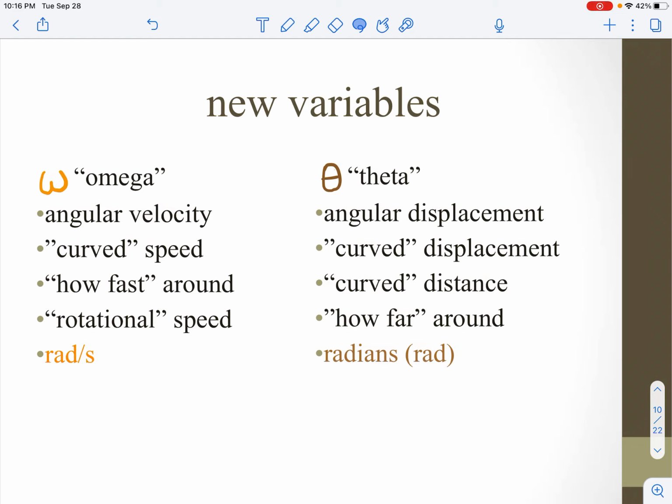So we are going to say that theta represents our angular displacement. It is measured in a new unit called radians, which we often see abbreviated as just rad. So this is just a little summary sheet that will hopefully be helpful for you and allow you to get more comfortable with some of the new variables and new vocabulary.